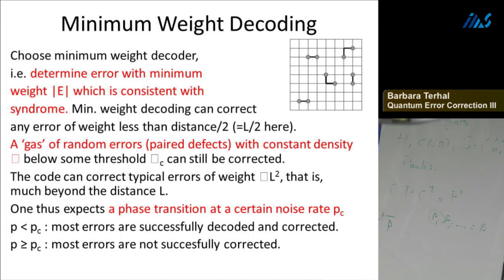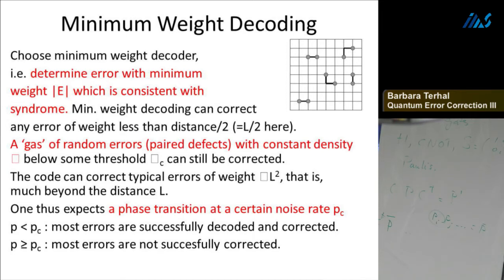Okay, so that is the motivation for expecting a phase transition in this basic error rate. We assume that every qubit undergoes some X errors, and we only look at the Z checks, the measurements.